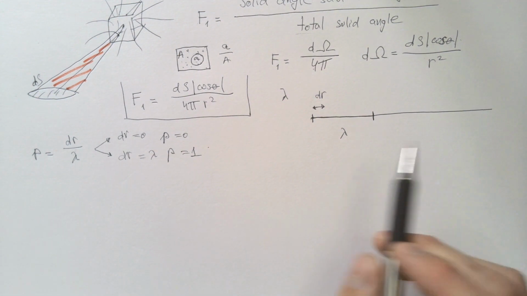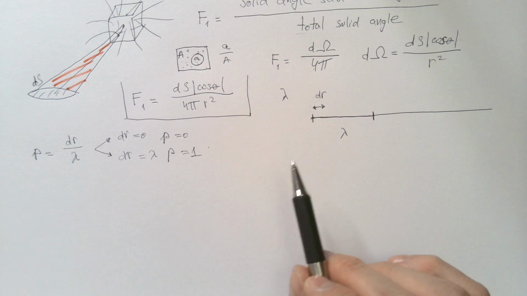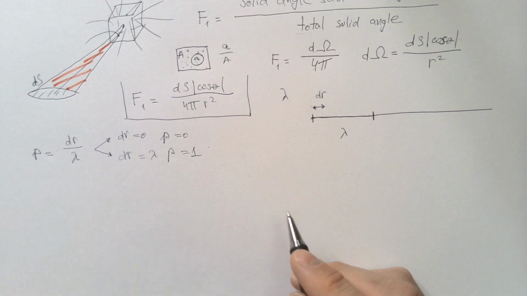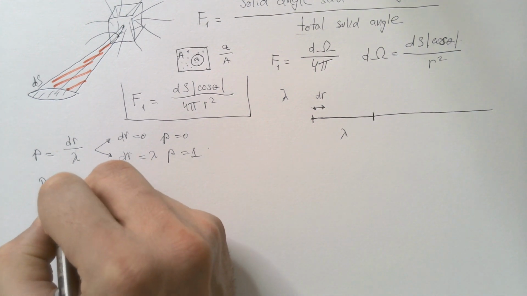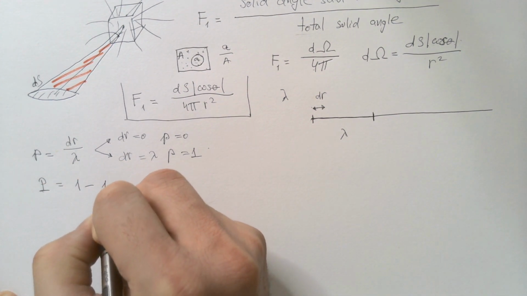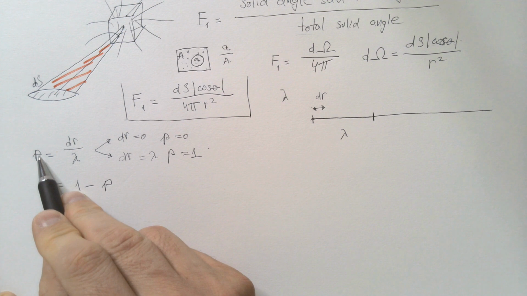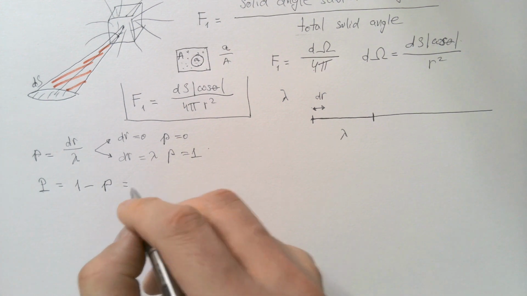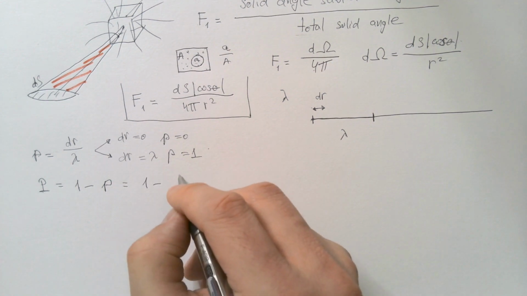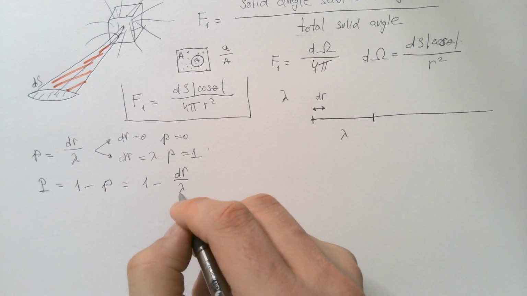Therefore, what is the probability of no collision in this interval dr? I will call that capital P. That is, of course, 1 minus small p. If p is the probability of collision, then the probability of no collision is 1 minus that probability. And we can see it is 1 minus dr over lambda.